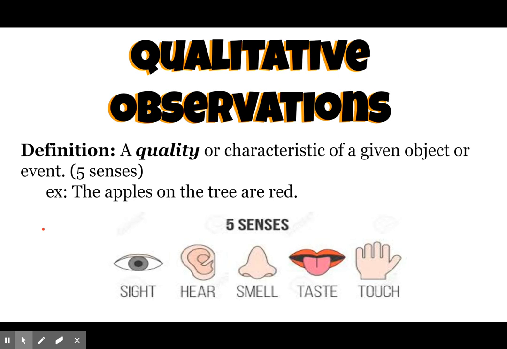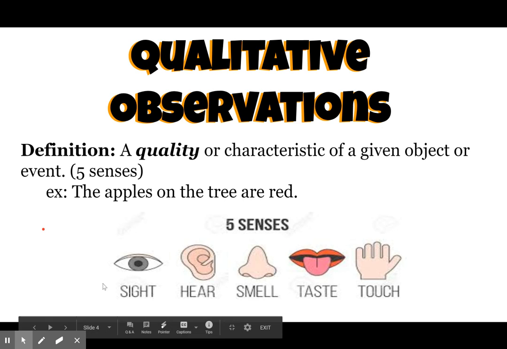So the first observation type that we're going to talk about is qualitative observations. So the definition of qualitative observations is a quality or characteristic of a given object or event. So you can think about the 5 senses. And so one example we have is the apples on the tree are red. So that's a quality.